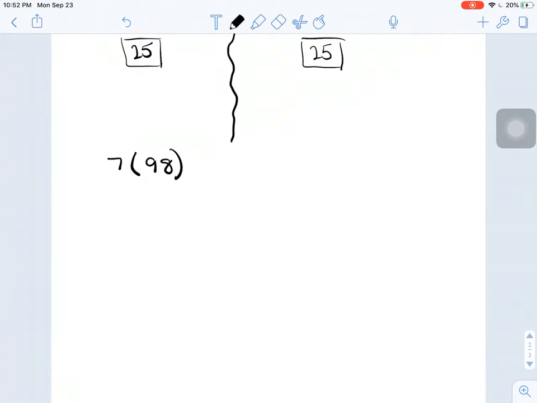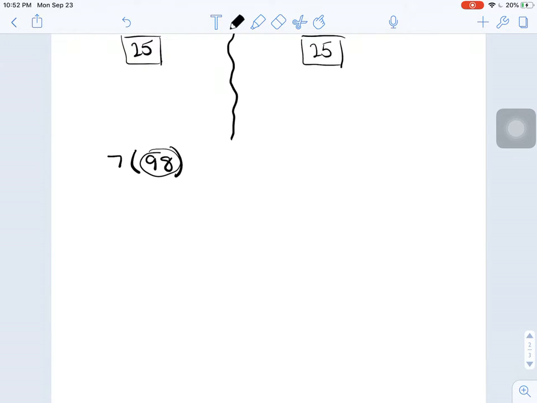I could use distributive property to help me do this in my head. I could change this number to an addition or a subtraction problem that's easy to work with.